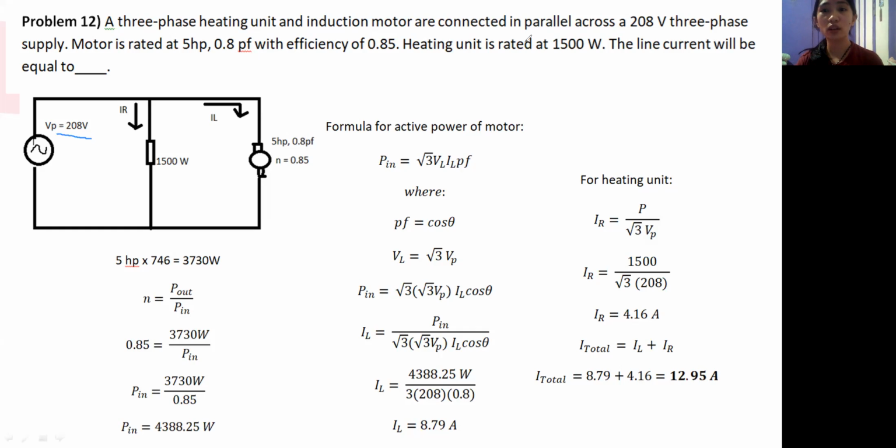It is connected in parallel to the heating unit, which is equal to 1,500 watts, and also connected in parallel is the motor, rated at 5 horsepower with 0.8 power factor and an efficiency of 0.85. Take note that efficiency is not really N, but it is just like this.